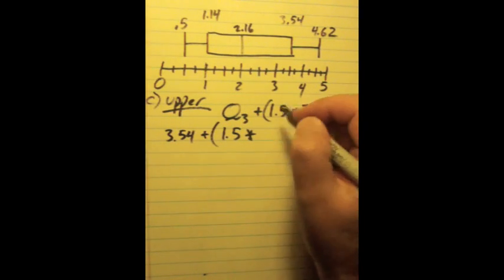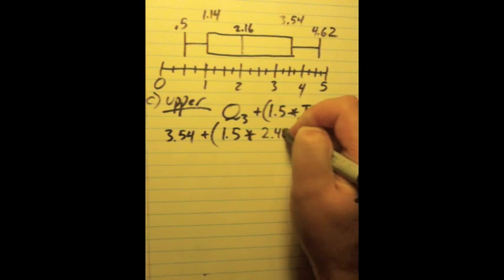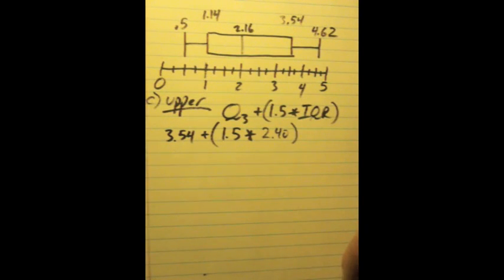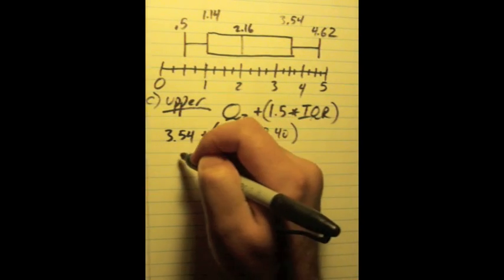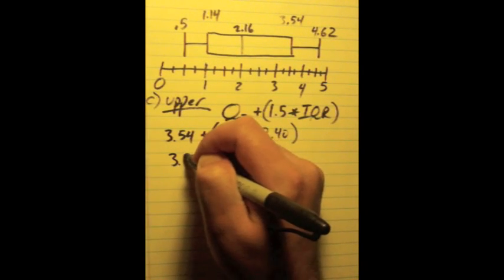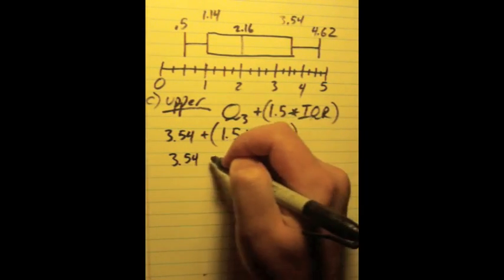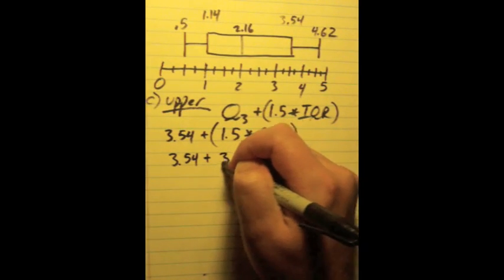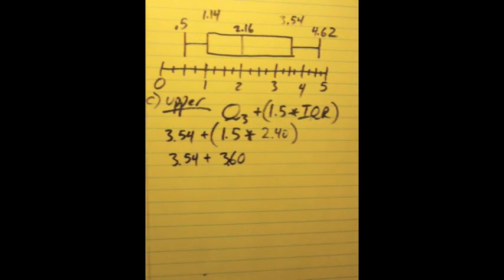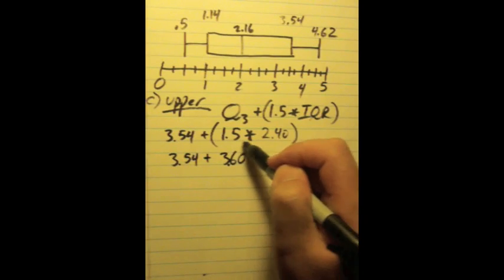So the IQR is $2.40. Multiplying that by 1.5 gives me $3.60. So any number bigger than 3.54, which is quartile 3, plus $3.60, which is 1.5 times the IQR.